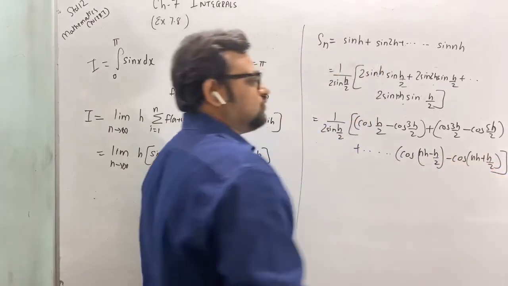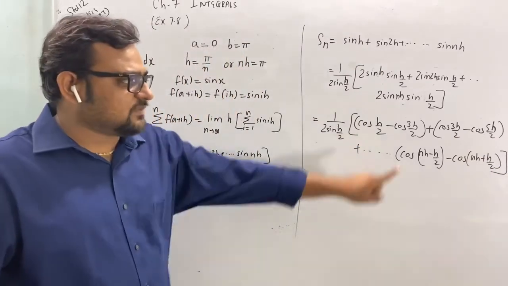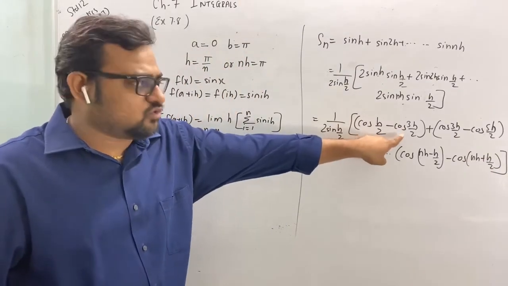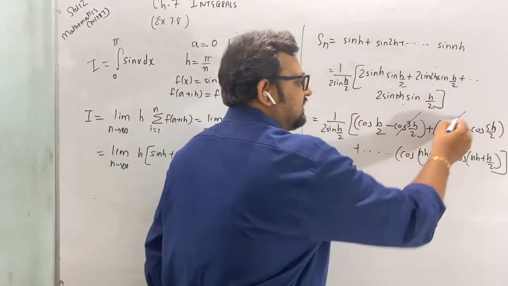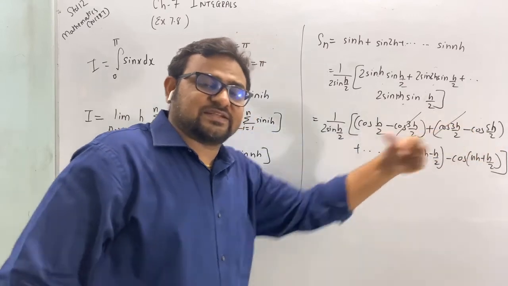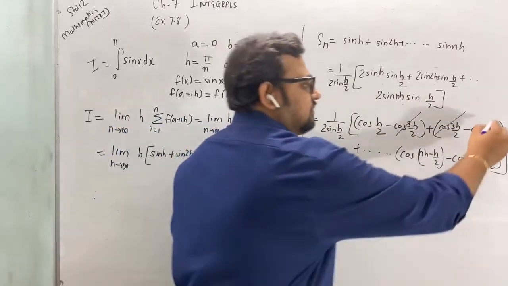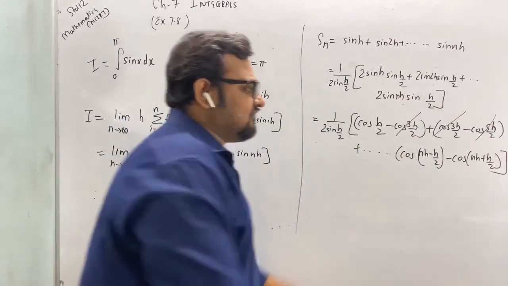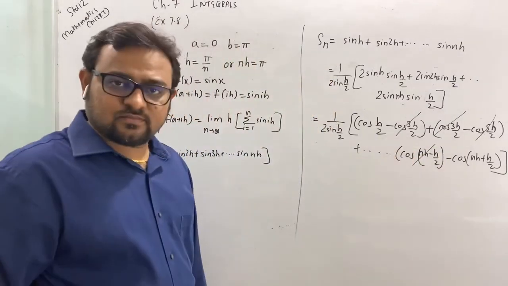Okay, now see what is happening here: minus cos 3h by 2 plus cos 3h by 2 will get cancelled. In the same way, this cos 5h by 2 will get cancelled within the brackets. So when you're solving, finally this will also get cancelled. Clear?